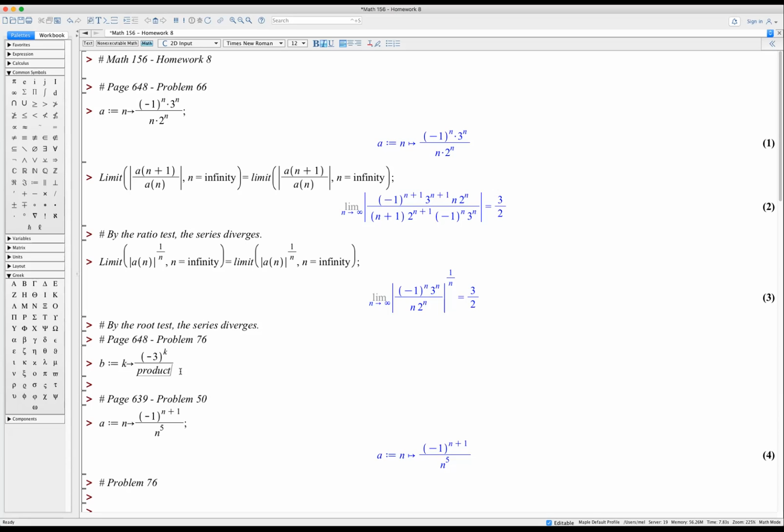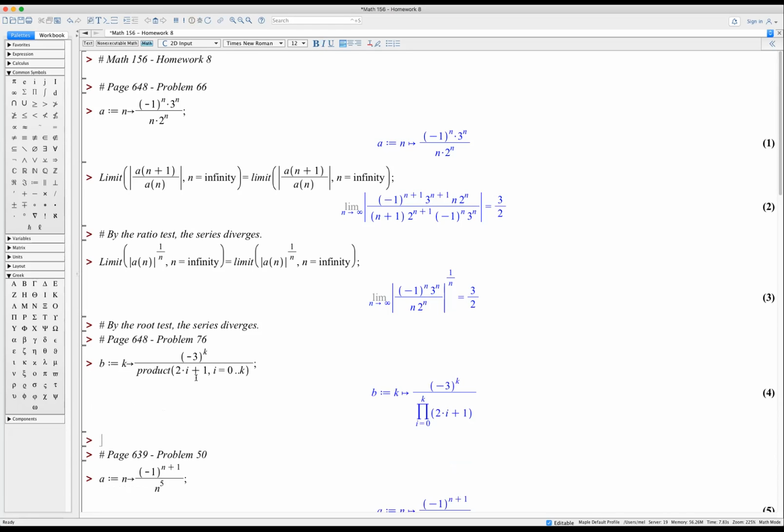So this is the product of the numbers 2 times I plus 1, I goes from 0 to K. So that looks exactly like what we're dealing with in problem 76.